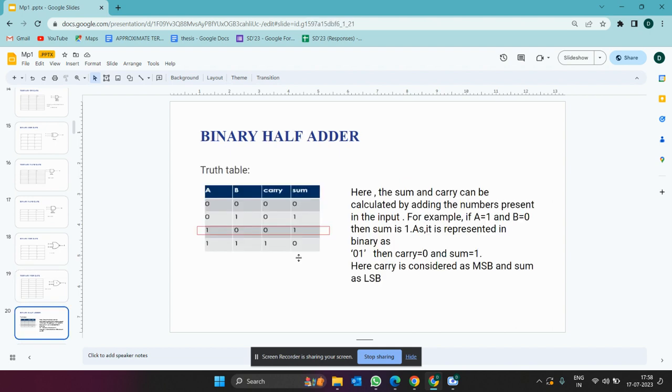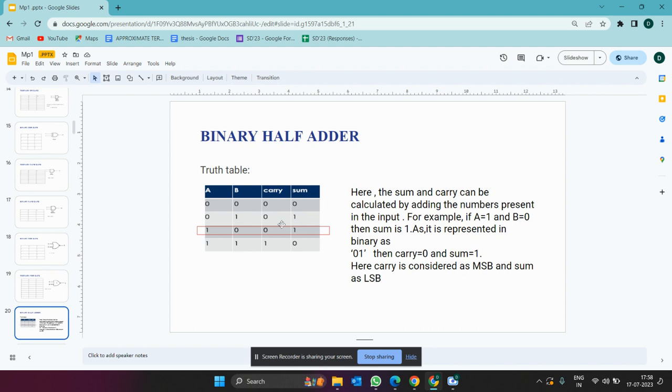And let's get into the half adder. This is the binary half adder, where we have two inputs and two outputs, that is carry and sum. Here we have taken the carry and sum, unlike the regular truth table where we have sum and carry.